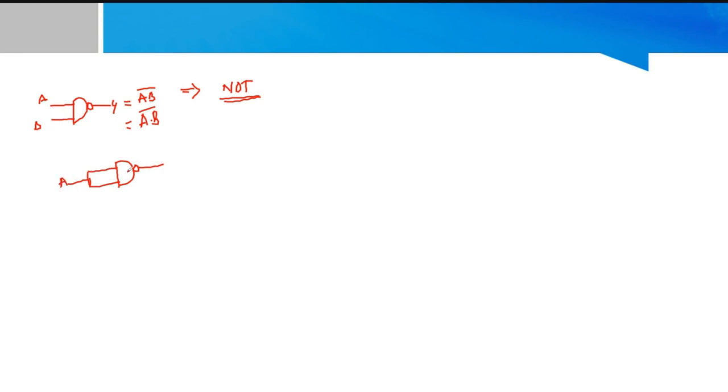Don't get confused that you have only one input. Here you have two input lines. I have shorted both and provided one input. Here I am providing A and here also A. This is what you will get: the output here is A bar. Now it is working as a NOT gate.